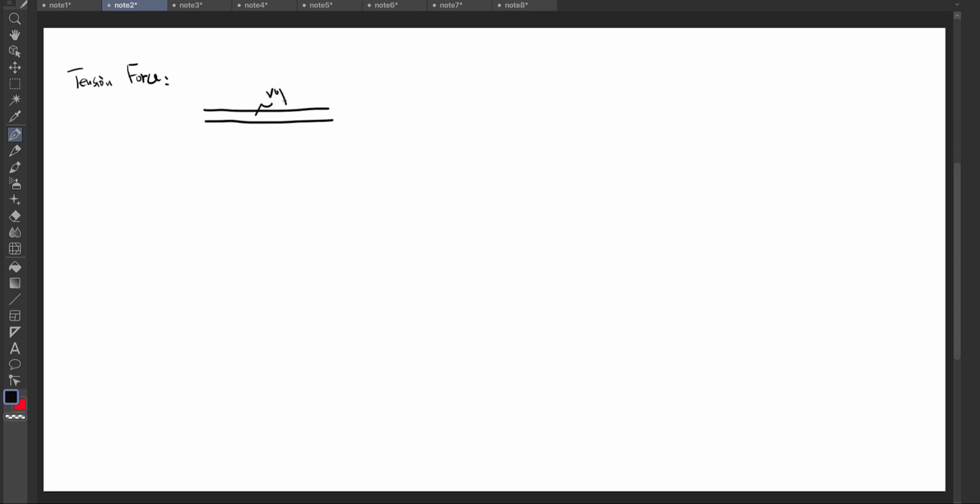Okay, so here's a rope. So how can we have this tension force? Usually you will see this situation. Let's say there's an object, and then there's a string or rope tied to it, and then you will generate a tension force in the string, and then that tension force will act on the box by pulling it up.